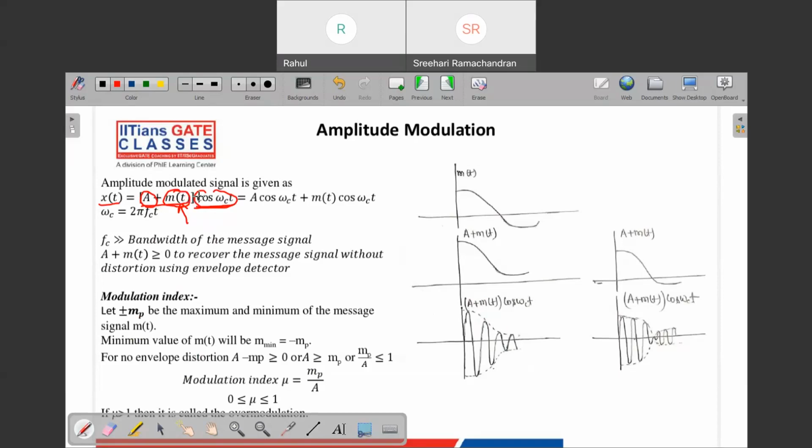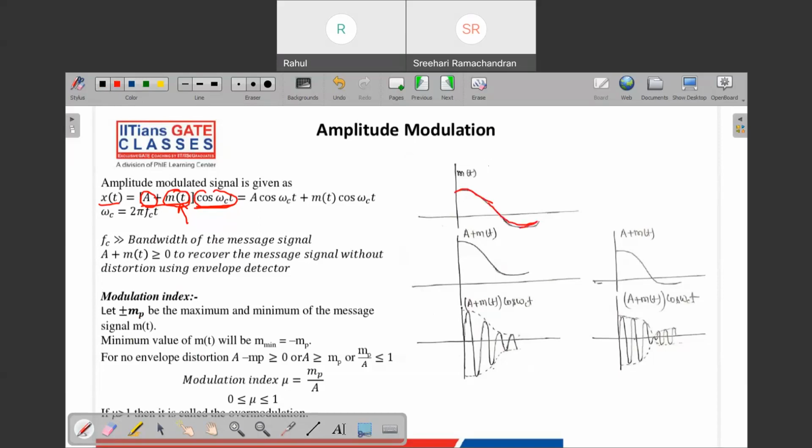Now let's see what the waveform of this a plus mt cos omega ct looks like. For that, first I will assume some generalized waveform of mt. Let's say we have an mt which looks like this.